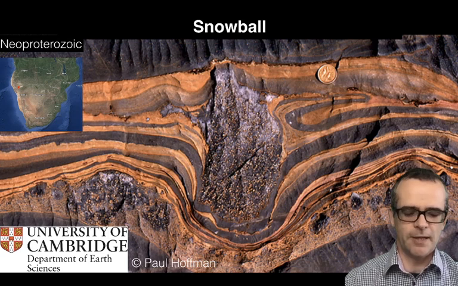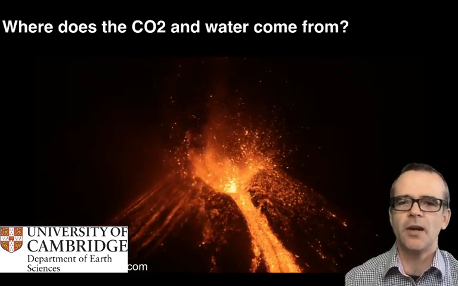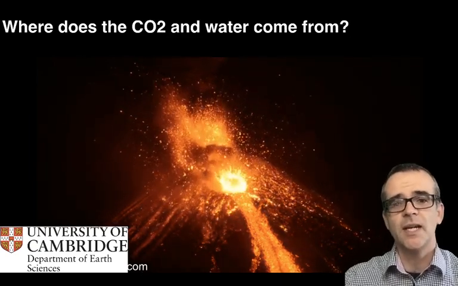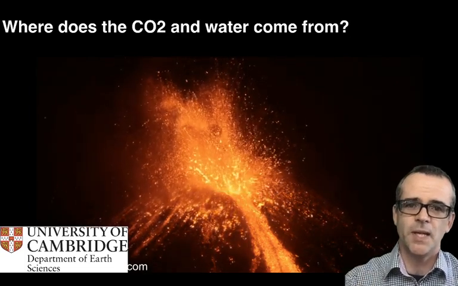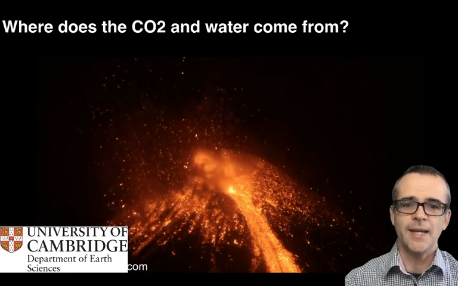So on long timescales, the amount of carbon dioxide being delivered to the planetary surface, to the atmosphere, to the oceans, is being delivered through volcanoes. It's being delivered through volcanic degassing, which is driven by tectonics.